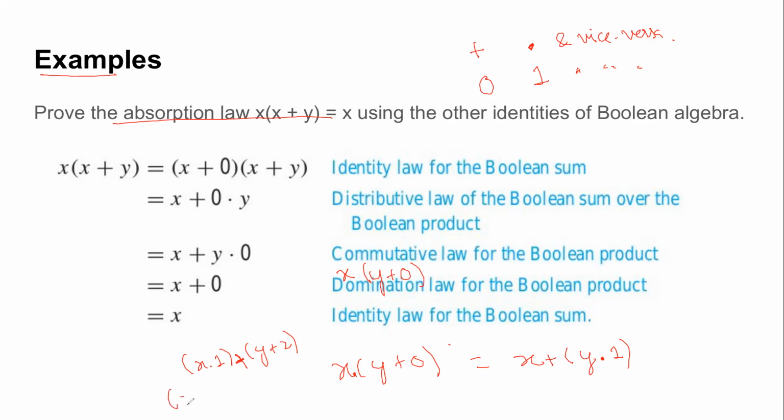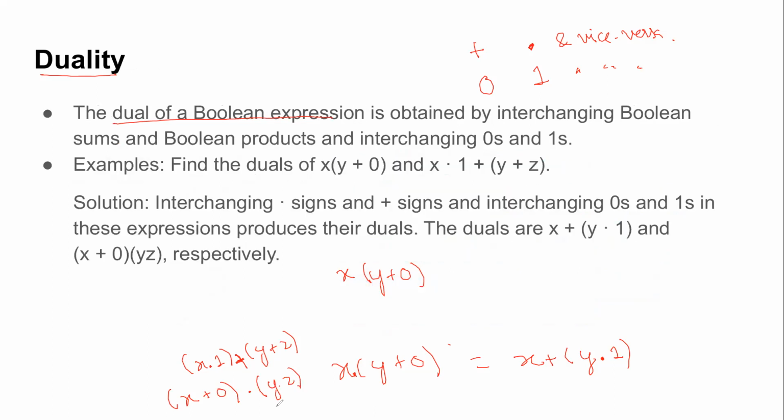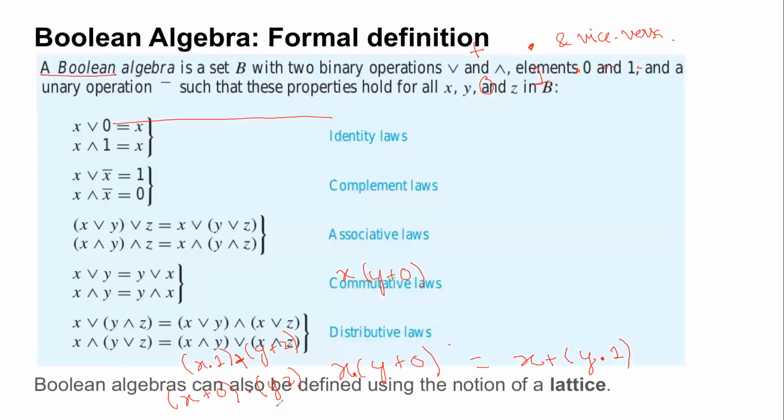Okay, great. So the Boolean product is replaced by sum, 1 replaced by 0, sum replaced by product. So these were the duality laws. How can you make a dual of a given expression? The way you can do it is by simple interchanging of Boolean sum by product and 0 by 1. Okay, so I'll end on this slide today.